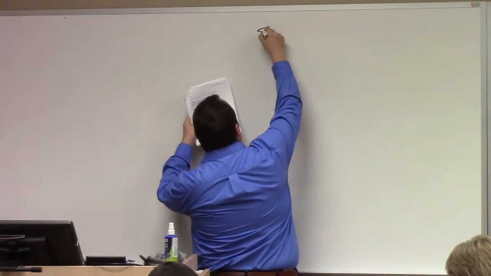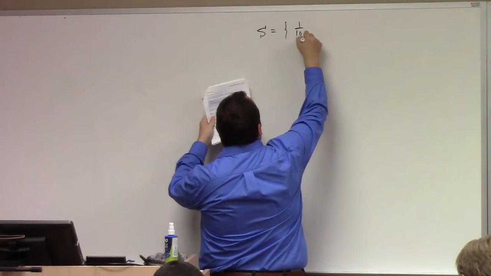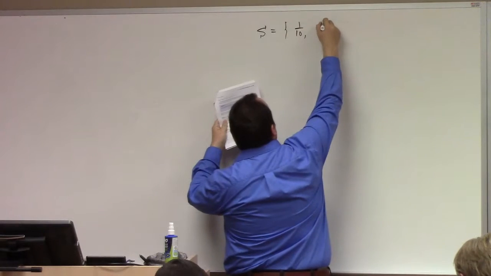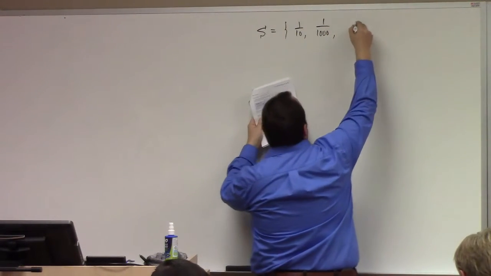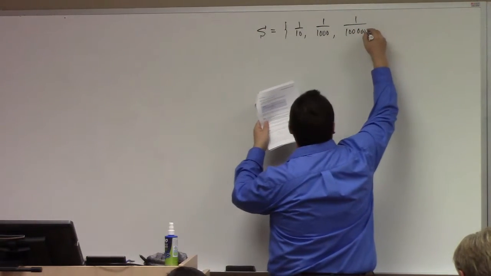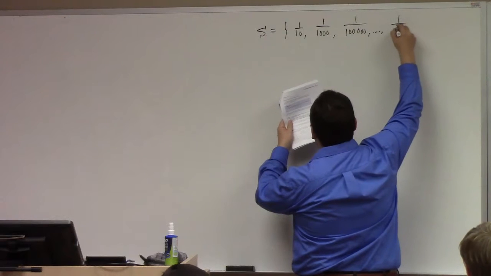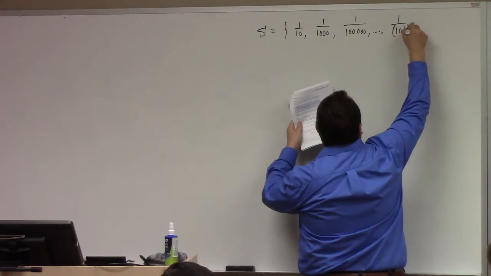Here we're looking at the set S equal to 1/10, 1/1000th, 1/100,000th, and so forth. The typical term is 1/10 to the 2n minus 1 power.